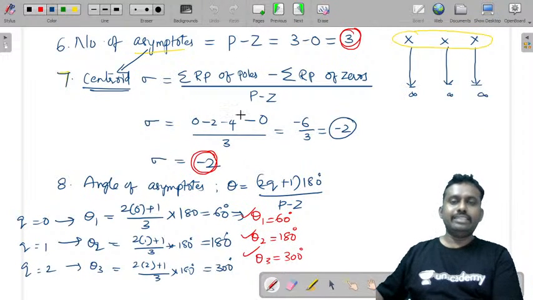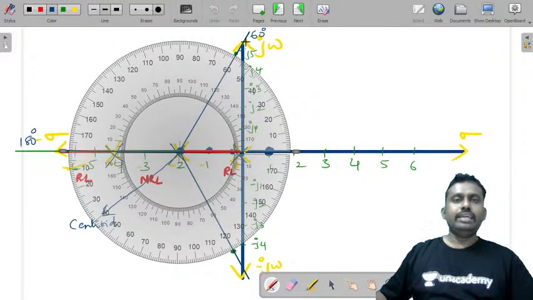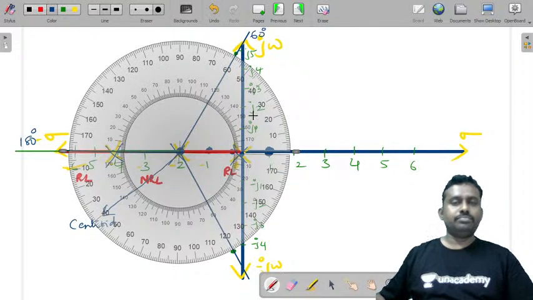So we have found these three angles, 60, 180 and 300, and we have drawn three asymptotic lines with 60 degrees, 180 degrees and 300 degrees.